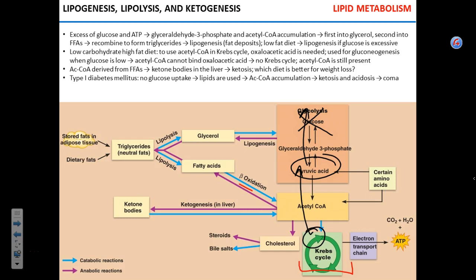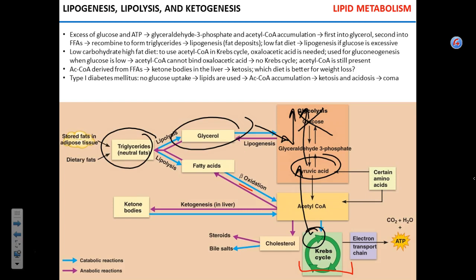So basically, what happens is you start breaking down fat, the fat that you eat and the fat that you store. Obviously, to lose fat, your caloric balance should be negative, ideally. Does that make sense? You should eat a little less than you spend. So your triglycerides are going to be broken down into glycerol, which will be converted to glyceraldehyde 3-phosphate, which can become glucose.